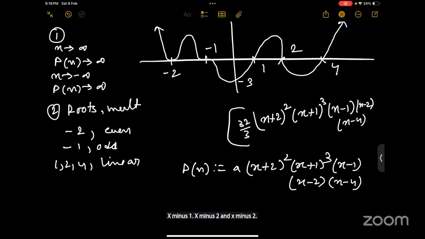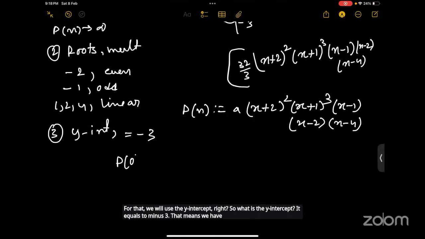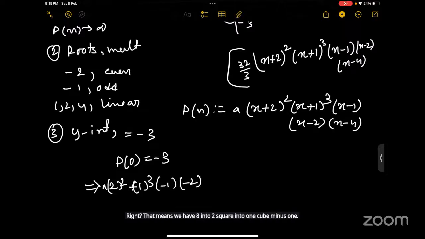Now our task is to find the value of the constant a. For that, we will use the y-intercept, right? So what is the y-intercept? It is equal to -3. That means p of 0 is equal to -3, right? That means a into 2 squared into 1 cubed into -1 into -2 into -4 equals -3.